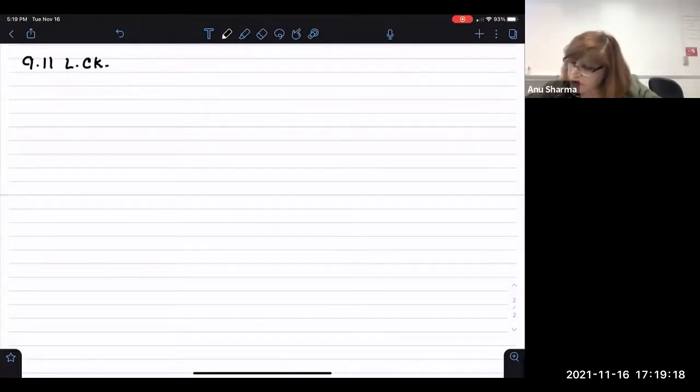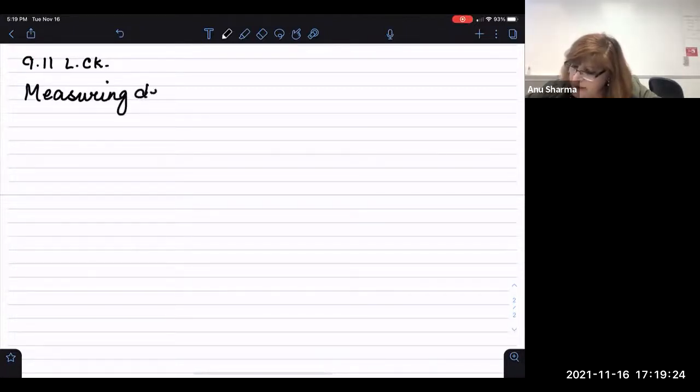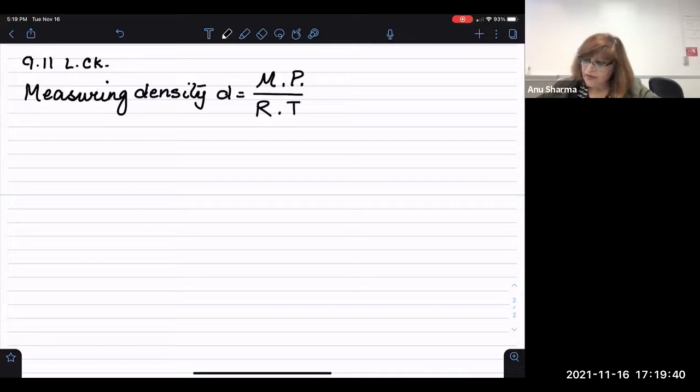So here we are measuring the density of a gas. How do you measure the density? First of all, the formula for that is the molar mass times the pressure of the gas divided by the gas constant times T. M stands for the molar mass.